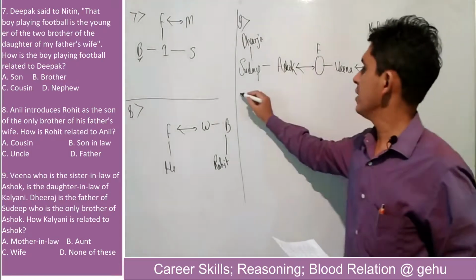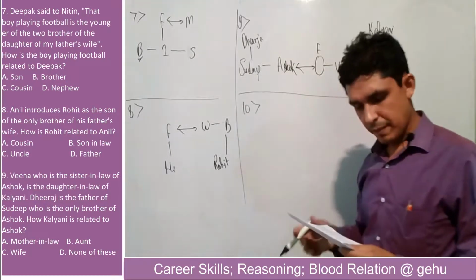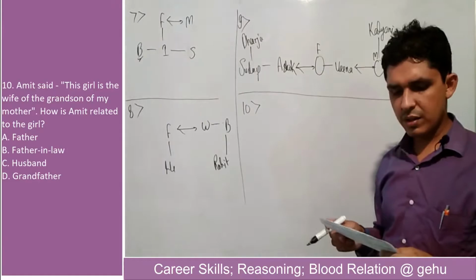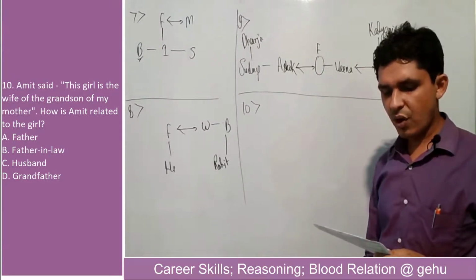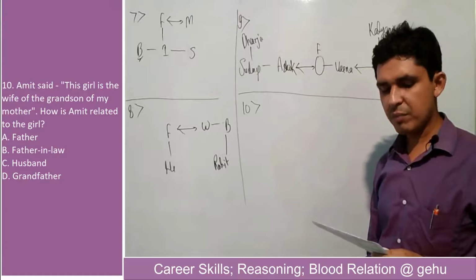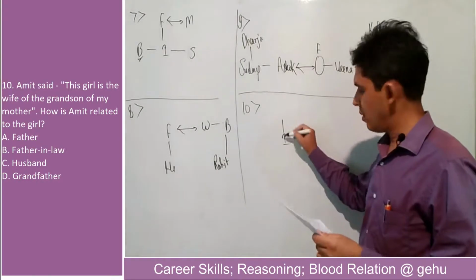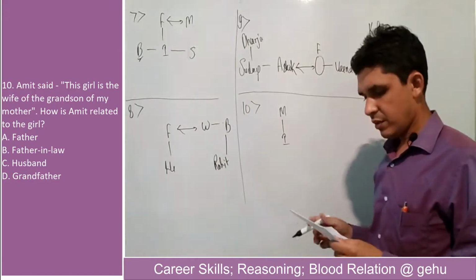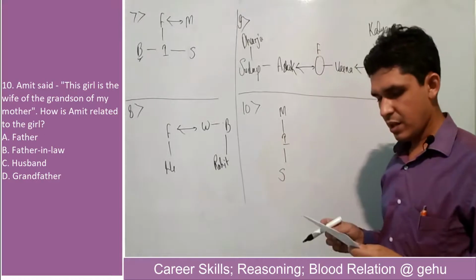Okay, so let us come to the next question, question number 10. The question is, Amir said the girl is the wife of the grandson of my mother. So I start with I, right? My mother, grandson of my mother, that means my son.